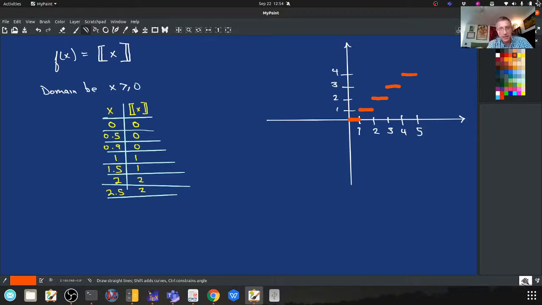You just have to be careful, because you might wonder why they call it the greatest integer less than or equal to x. Well, it makes sense. Let me explain that one bit of oddness too. So let's find the greatest integer.